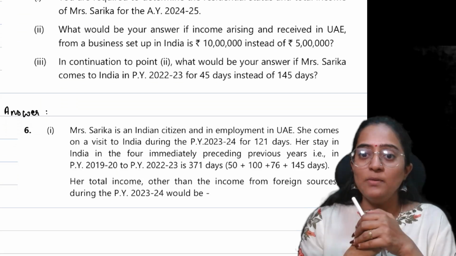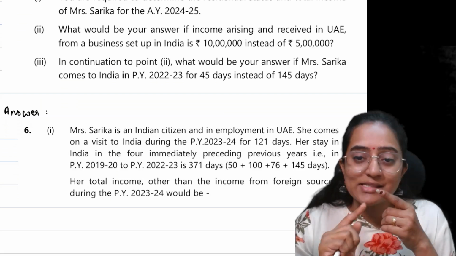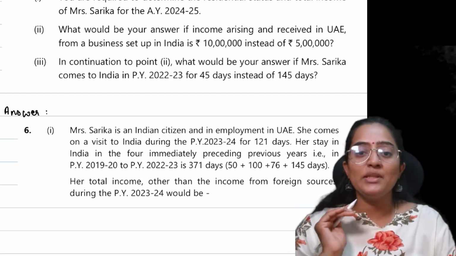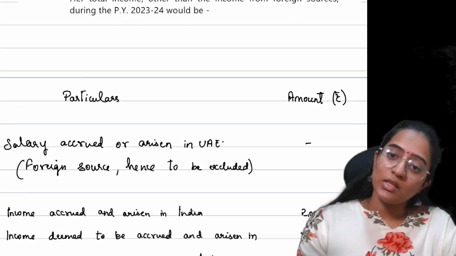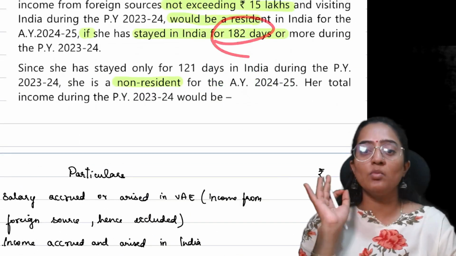That would be applicable only if her income exceeded 15 lakh. As her income does not exceed 15 lakh here, the base provision is applicable. That is, stayed for 182 days or more, resident.